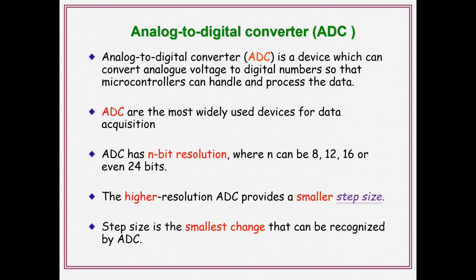An ADC has n-bit resolution, where n can be 8-bit, 12-bit, 16-bit, or 24 bits. A higher resolution analog to digital converter provides a smaller step size. Here, step size is the smallest change that can be recognized by the analog to digital converter.